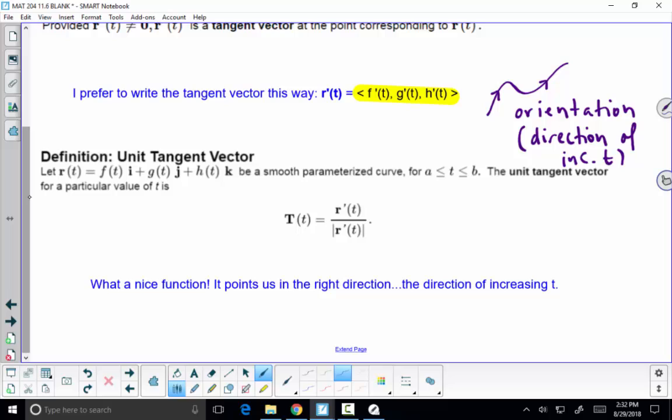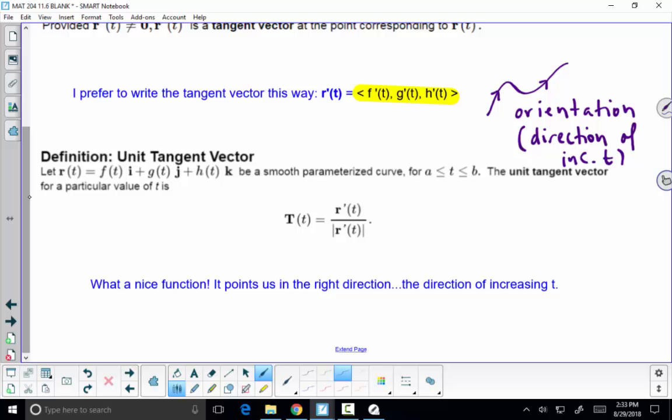So curvature is a measure of how quickly a curve is bending. And if you use the unit tangent vector, you can use it like a gauge. If you have a unit tangent vector as opposed to tangent vectors that are of all different lengths, you can use that to define a measure of the turning, the curvature of the curve.